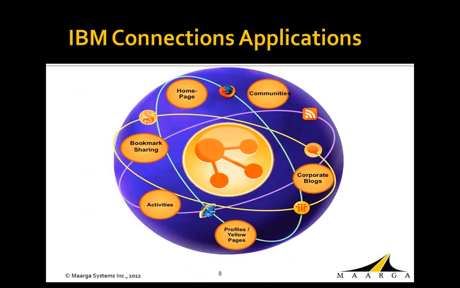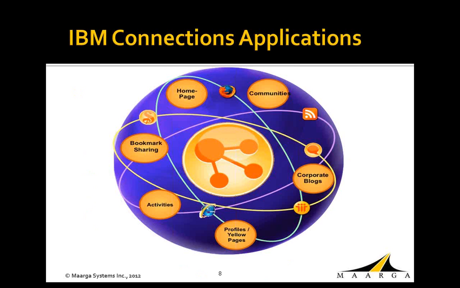And we see a lot of connections used between profiles, communities, bookmarks and blogs. Even if some people do not roll out activities, we see a lot more usage in these areas.